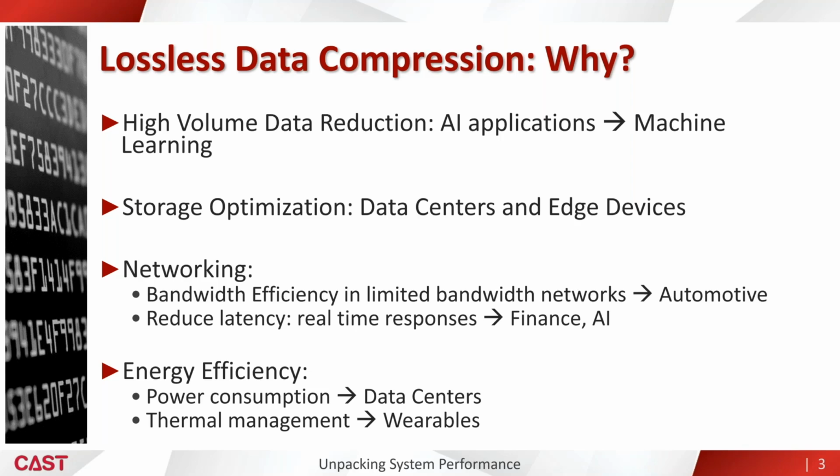By using lossless data compression, even if you manage to reduce the volume of data to 50%, you save huge volumes of storage space and, of course, money, because you need less hardware. We also use lossless data compression in networking. This is especially true in networks where the bandwidth is limited, such as in automotive and aerospace applications.